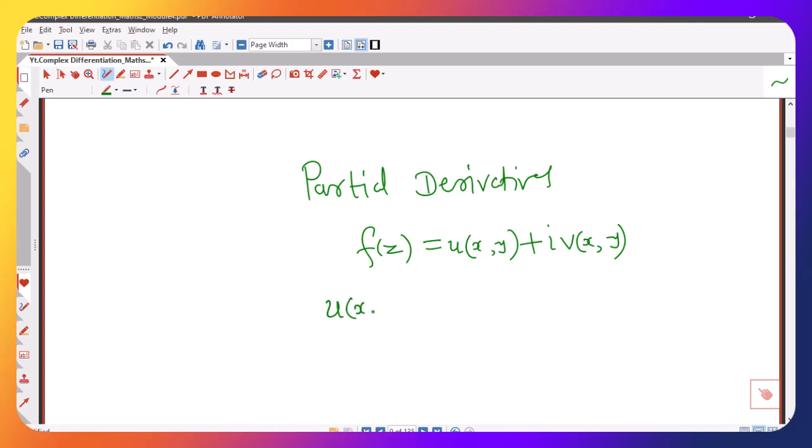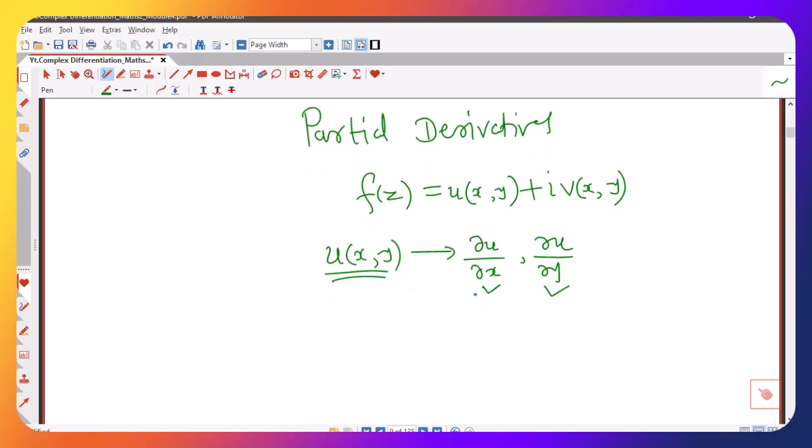So whenever we have a function of more than one variable, we can find out partial derivatives with respect to the given variables. Here u is a function of x and y, so we have two partial derivatives of first order denoted by del u by del x and del u by del y, or we can use these notations also. Similarly, for v also we can have two partial derivatives of first order denoted by vx and vy.